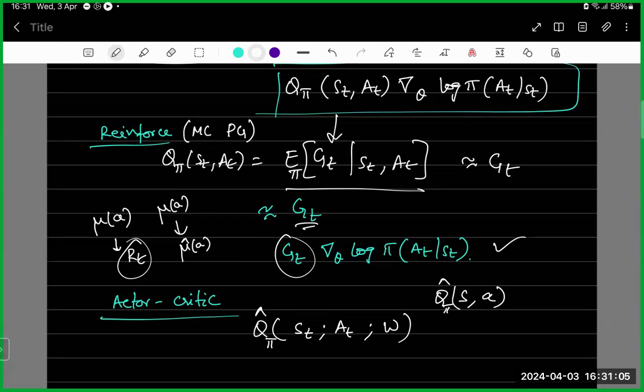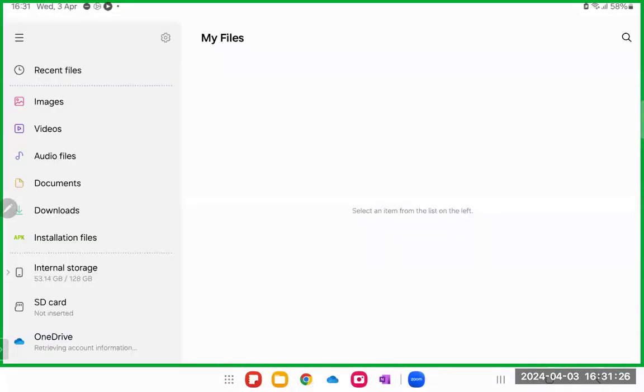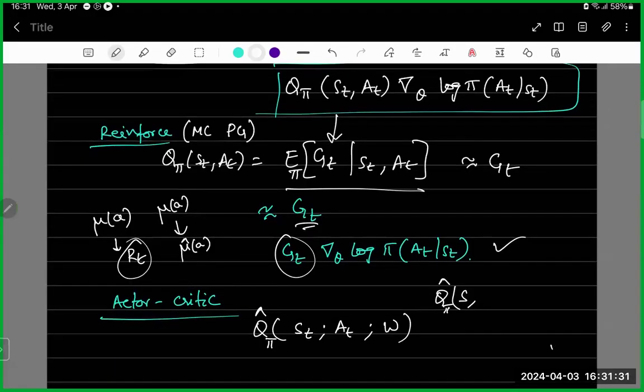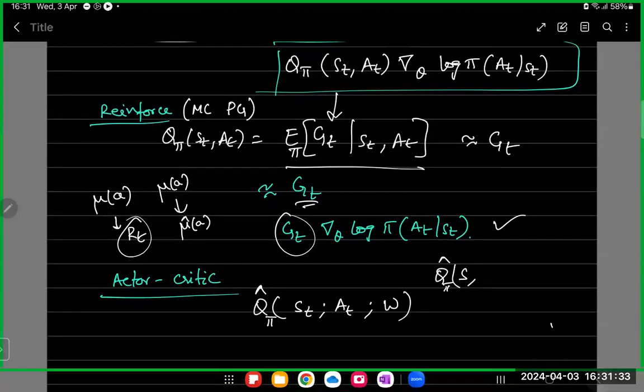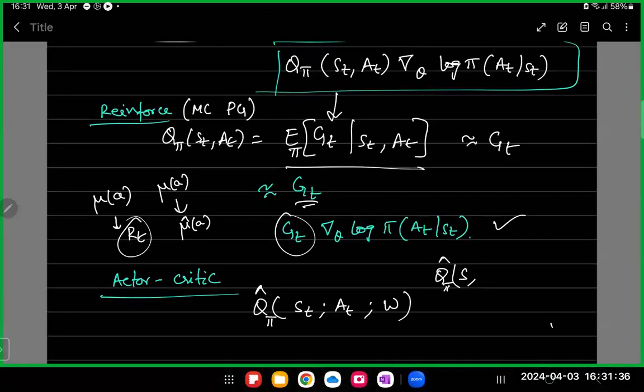You just approximate q pi using some linear function, let's say, and you keep updating your weights so as to minimize the mean square error between what exactly q pi is and what your estimate is giving us. So maybe I'll just show you that. All that I'm saying is just don't rely on your current episode for estimating what q pi is.